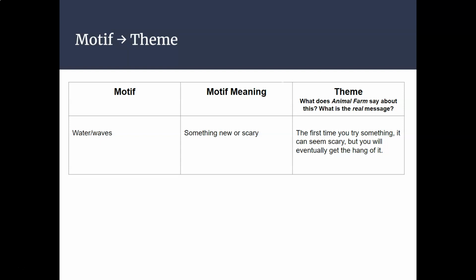Then as the short continued, he made amends with that water. Initially it was something new and scary. Eventually he got used to it and realized that the water was not his enemy, but actually his friend in helping him find whatever he was trying to eat off the beach. So the theme, proven by the motif, is the first time you try something, it can seem scary, but you will eventually get the hang of it.